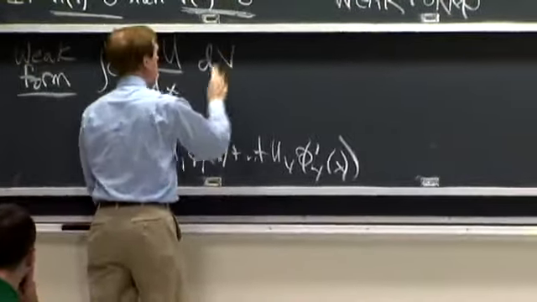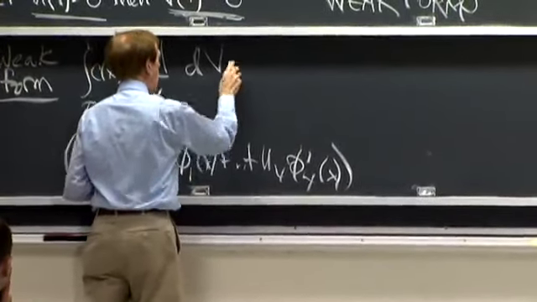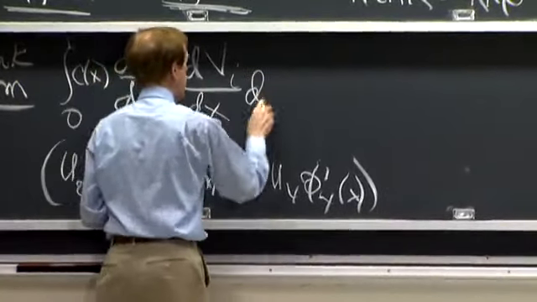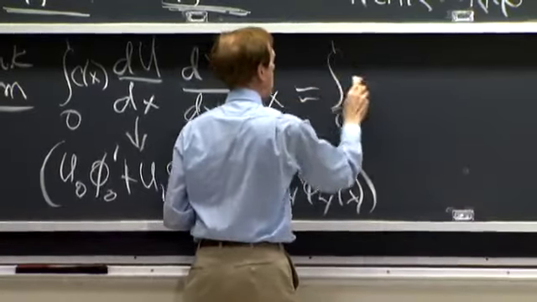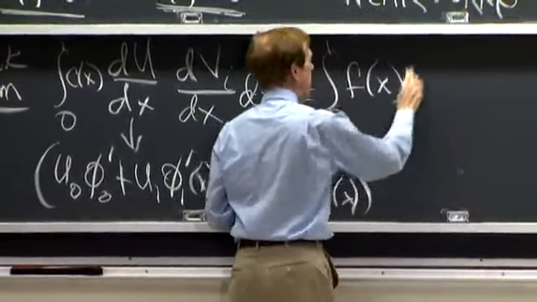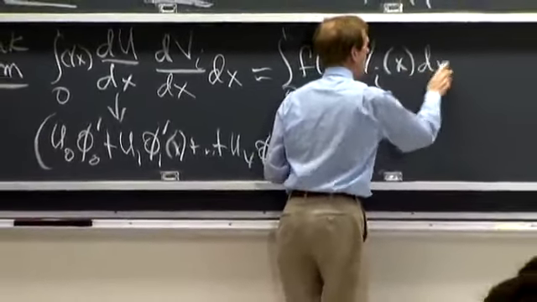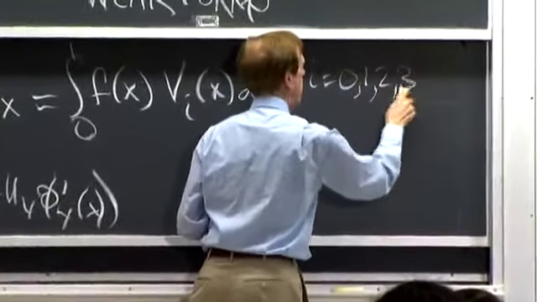So now I'll put in dv i dx, and on the right-hand side I have the integral from 0 to 1 of f of x v_i of x dx, and i is 0, 1, 2, 3, or 4.